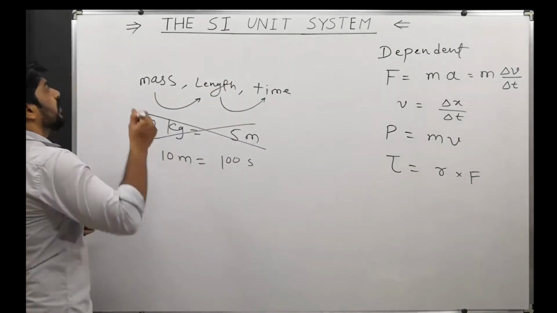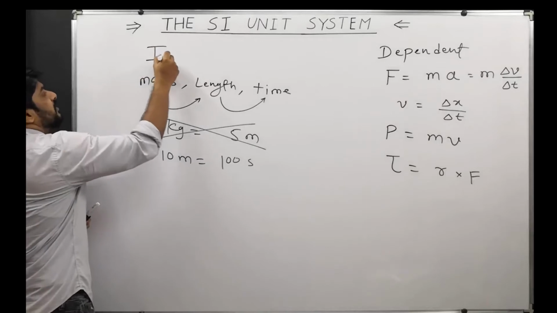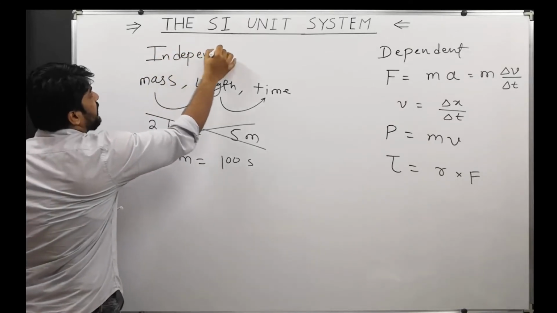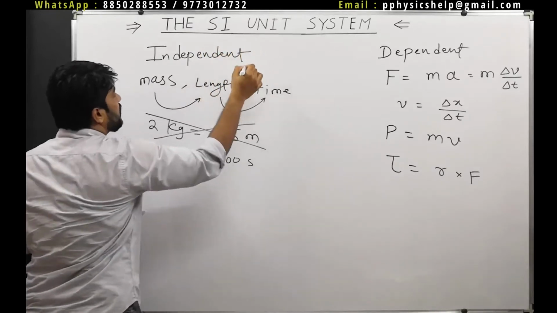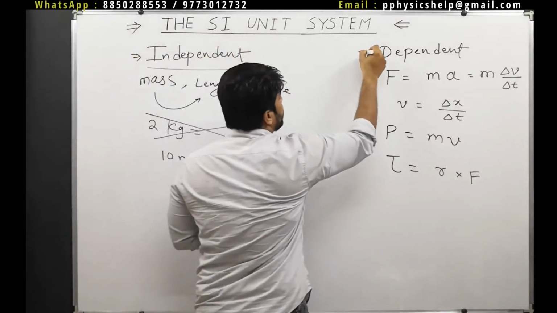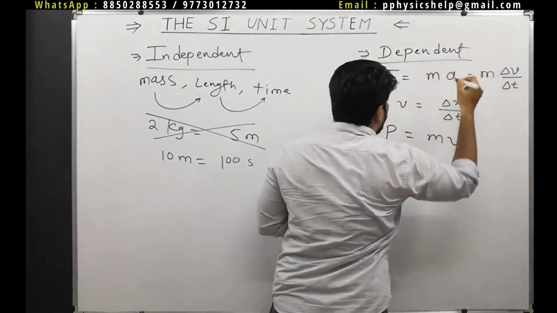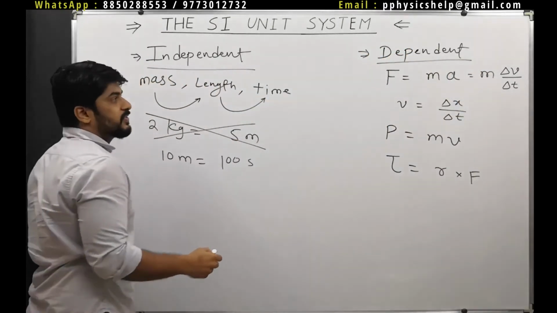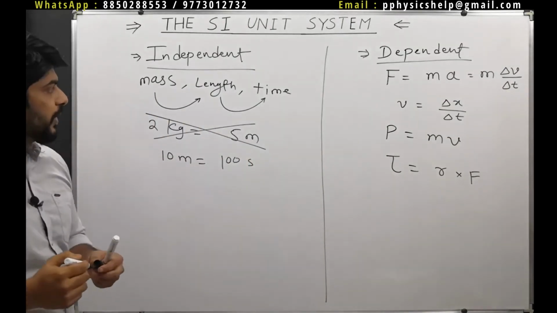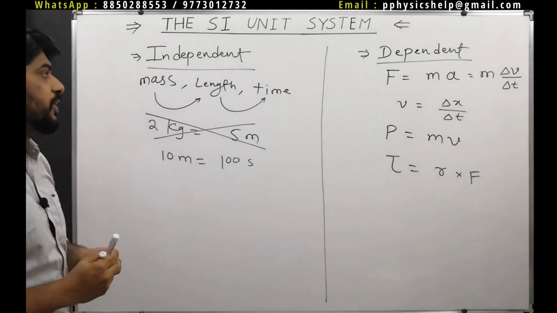So in this way we have two categories. One is those which are completely independent of other physical quantities, and the other is those which are dependent on other physical quantities.